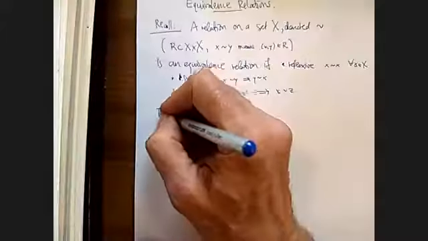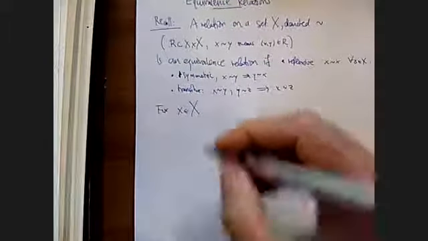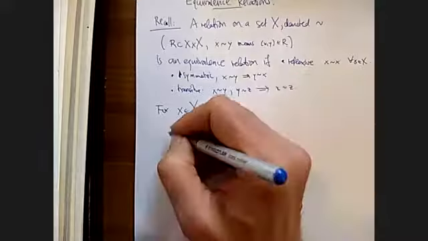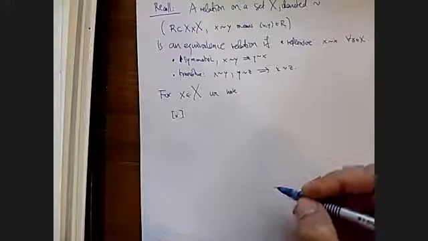And for an element X in the set X, we write square brackets X like this.